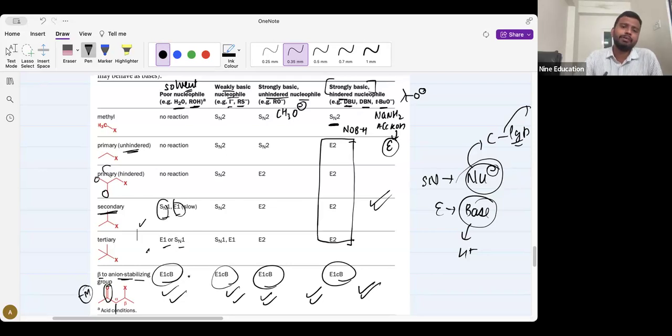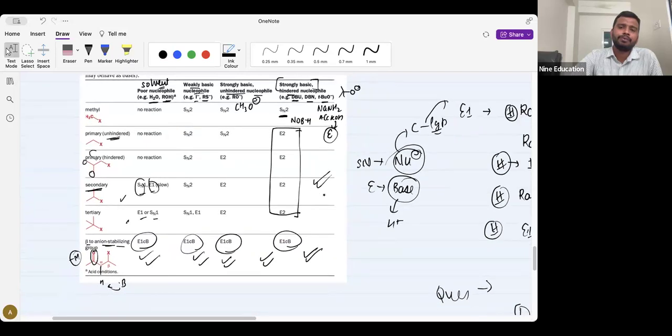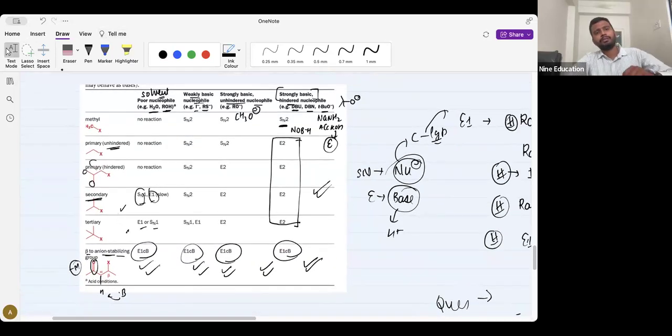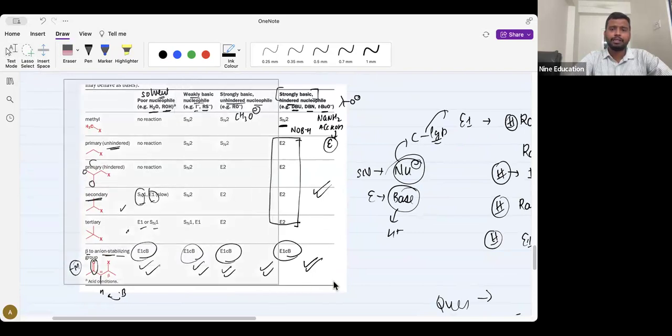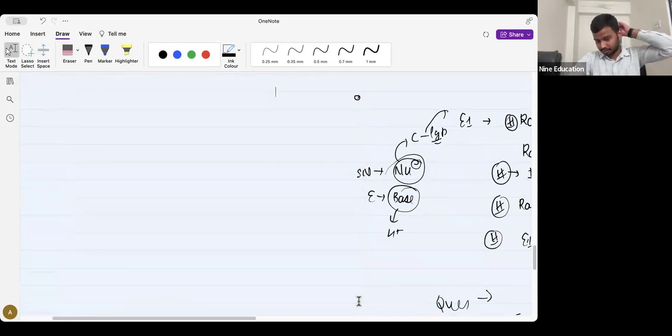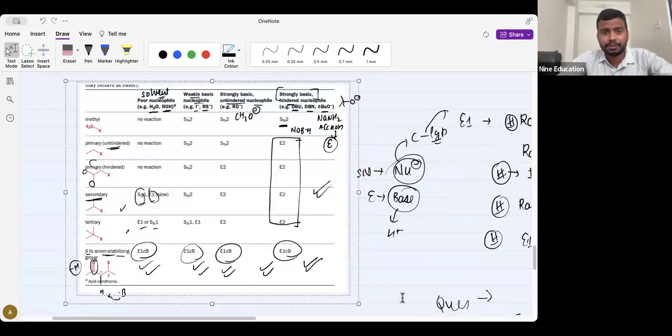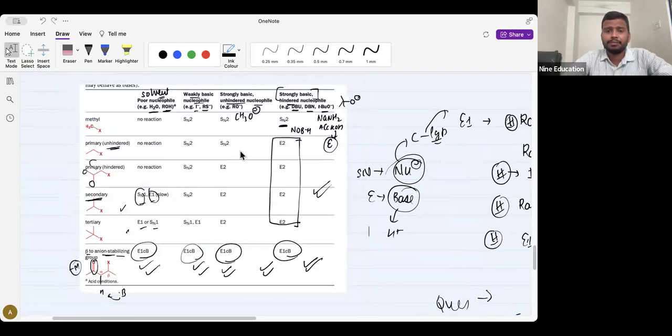So this table will help you. This table is very good table, beta. It will help you to tell where SN1 will occur and where E1 and E2 will occur. So write in your notes this table. Draw in your notes this table, beta, today only.